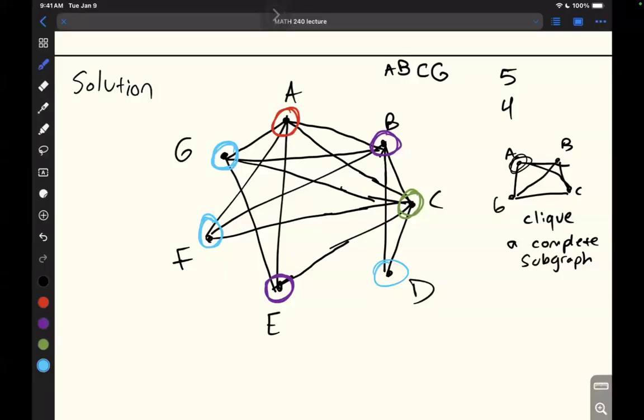Yeah, it's between F and D. Yeah. Man, what a time.